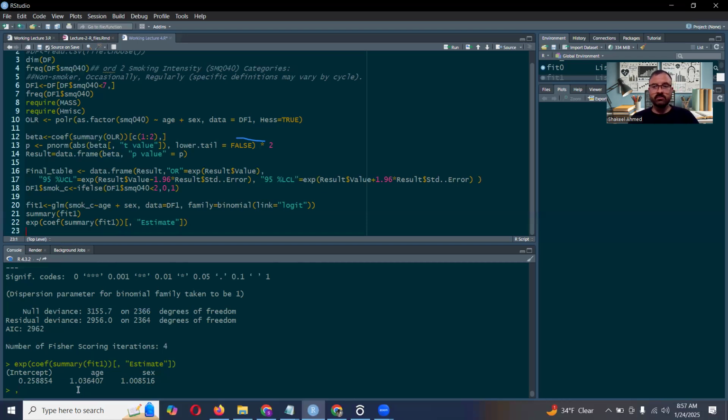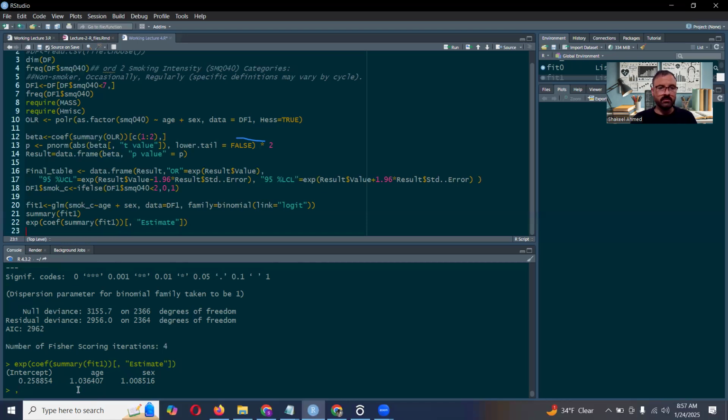It means they are more prone to smoke when the age is increased. So people with higher age are more prone to be smokers than people with lower age. So this is the interpretation of ordinal logistic regression.